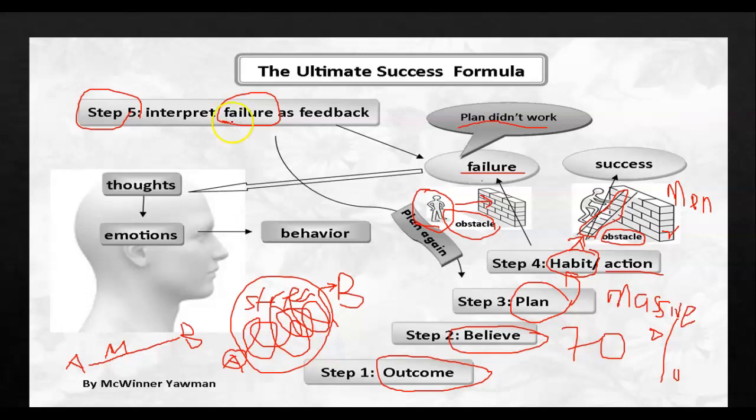I'm not going to do it anymore. Or you can call the failure, I got a feedback. So if you have your feedback, it means that the plan did not work. So in your mind, you are thinking, this process is so stressful.